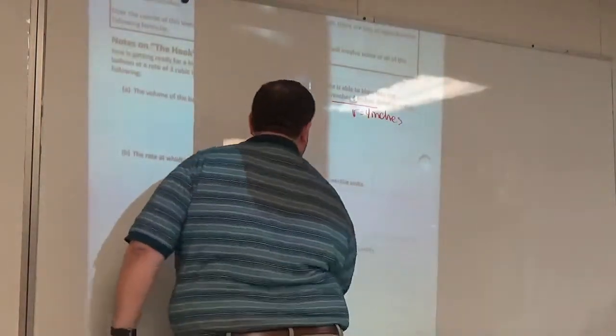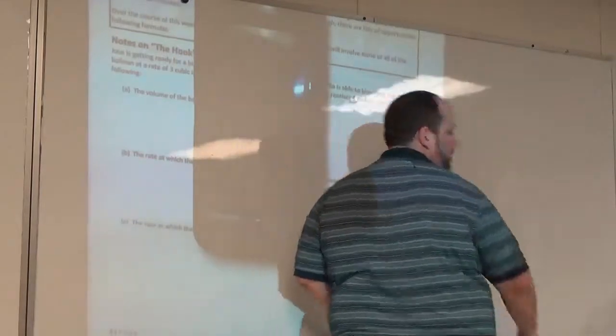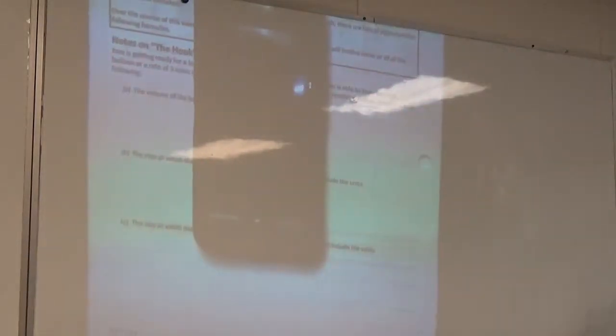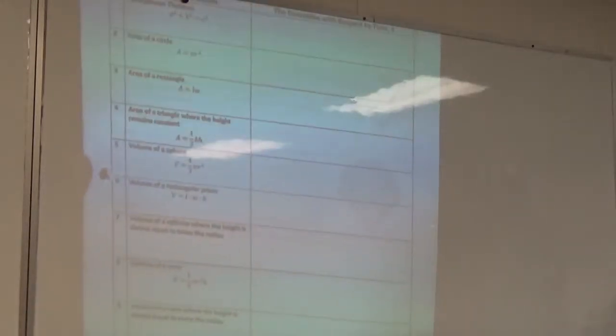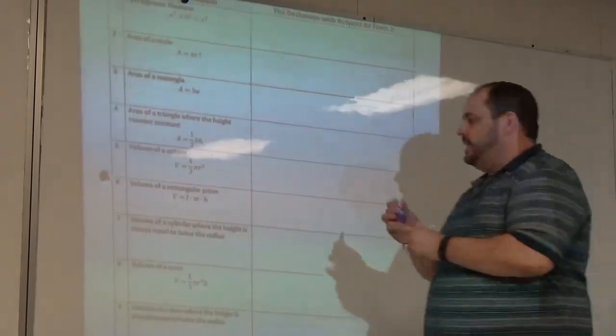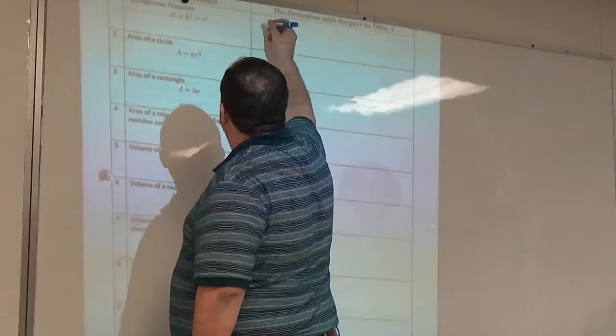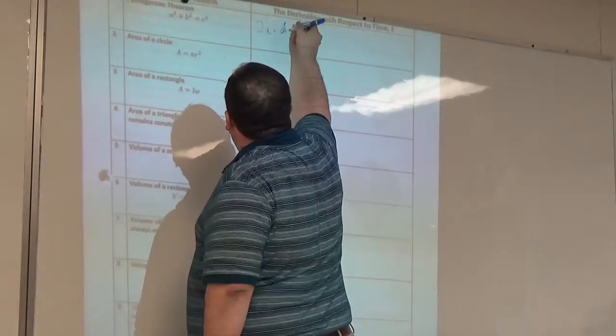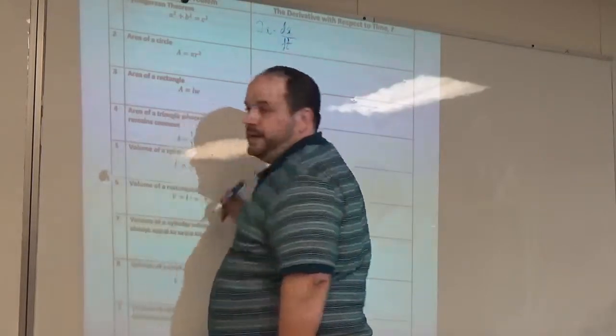There are 3 variables here, and all 3 variables are changing with time, unless you're told in the problem that it's a constant. So the derivative of a squared is 2a, but a is changing with respect to time.